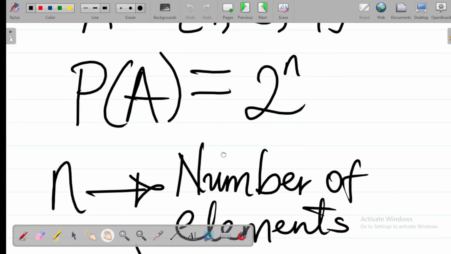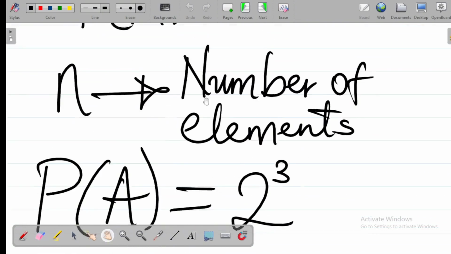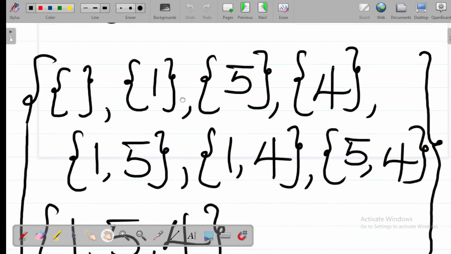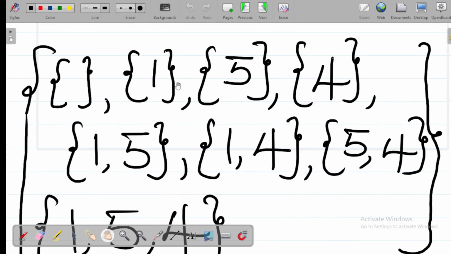After calculating for the power set, you can now arrange it this way. First of all, you start with an empty set, and then you begin to write the elements of that set individually. When you are done, you move on to 2s. You write them in 2s. And when you are done writing in 2s, you write in 3s.